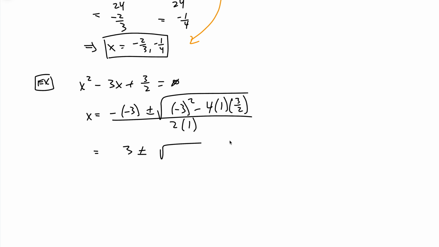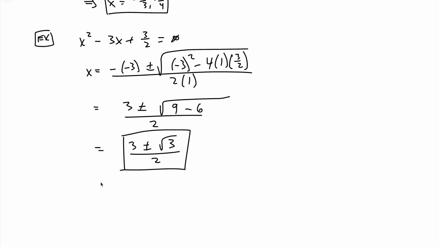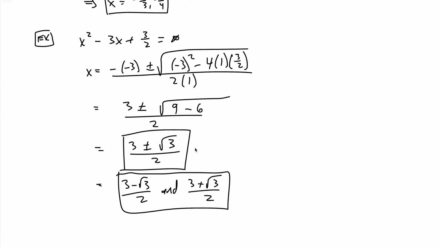3 plus or minus the square root of negative 3 squared, which is 9, minus 4 times 3/2, which is 6, all over 2. This is root 3. This would be a sufficient answer. Obviously, if our system requires us to plug in, you might put 3 minus root 3 over 2, and then 3 plus root 3 over 2, if we can't use our plus or minus, but these are equivalent.